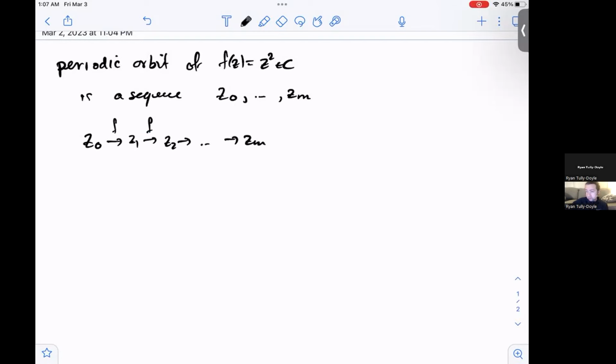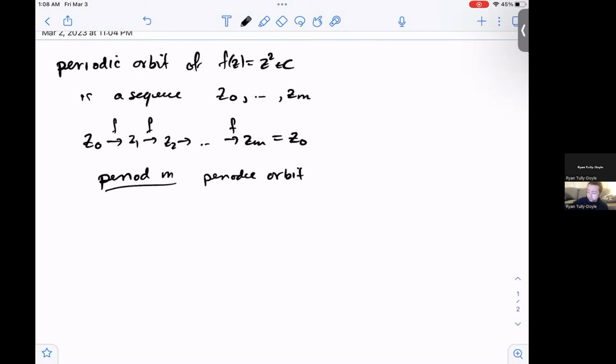And on the last application of f, zm is actually equal to z naught. So you get back to where you started. This would be called a periodic orbit of period m. This is a period m periodic orbit.